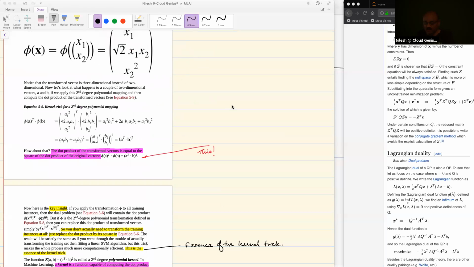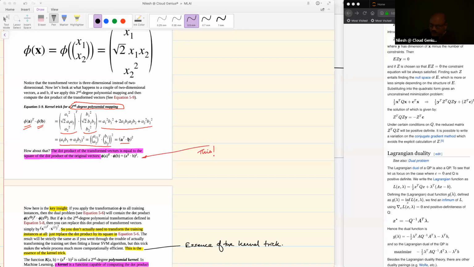They keep talking about it, so let's go see here. The kernel trick for a second degree polynomial. Here we are calculating something using a second degree polynomial. So this is your expression in second degree, another second degree expression, and that evaluates to this.